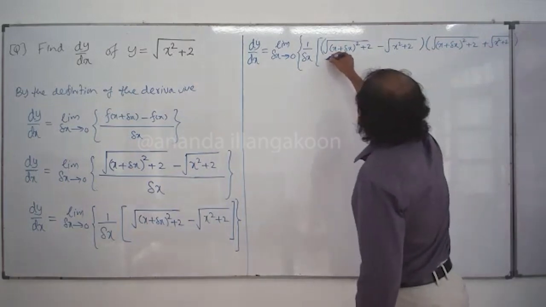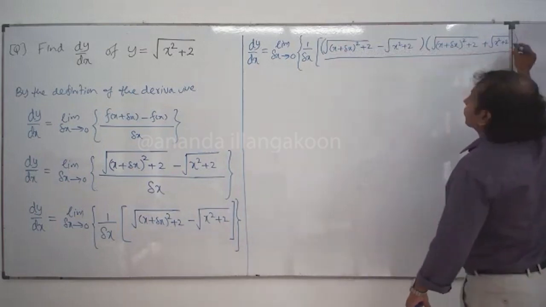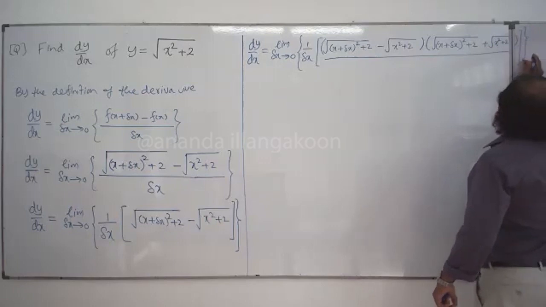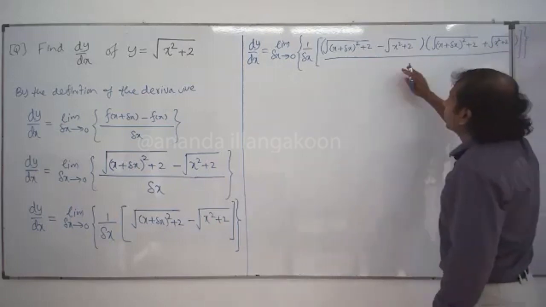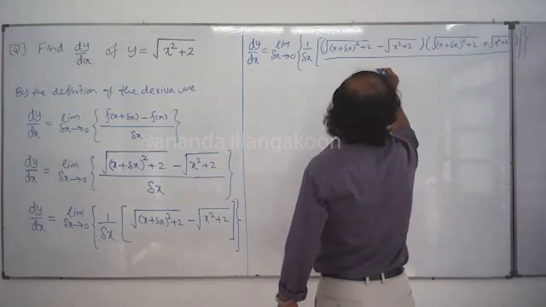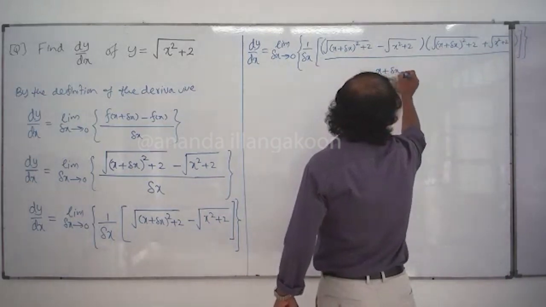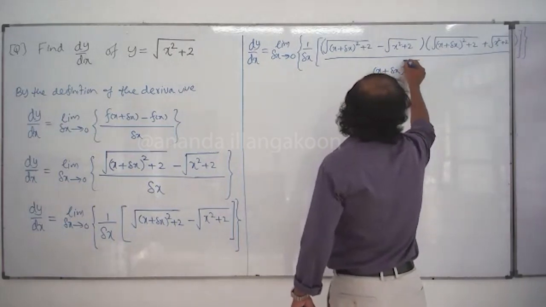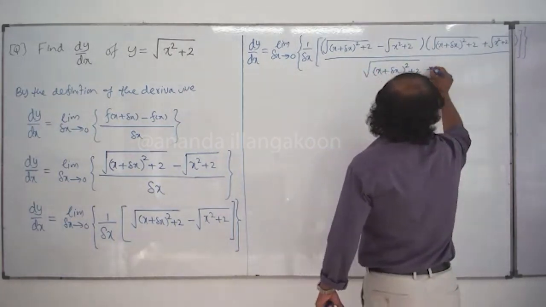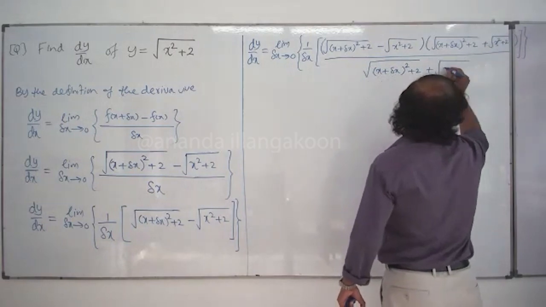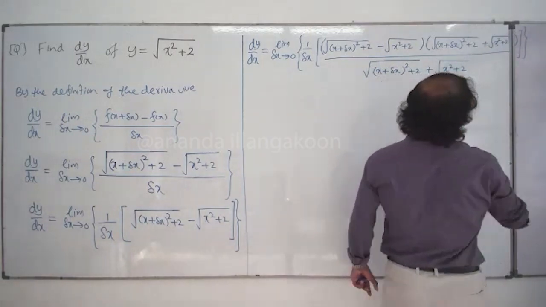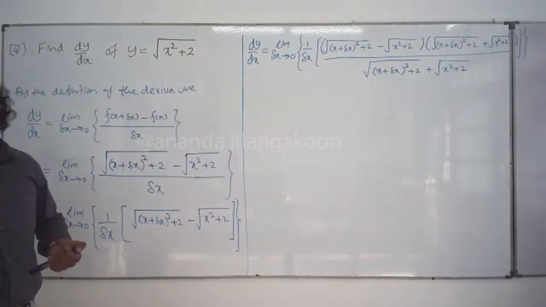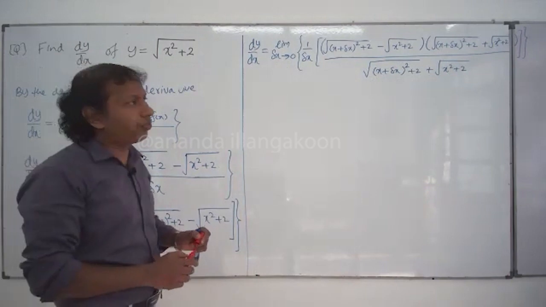Divided by this: root of x plus delta x perfect square plus 2, plus this root. Right. When you multiply this way by the conjugate, people, you know the way it is simplified.